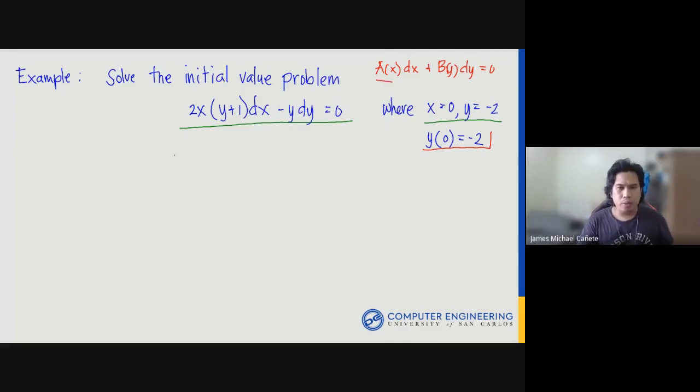So we can do some manipulation to get the form 2x dx minus y over 1 minus y dy equal to 0. So even with just this simple modification, we can already see that this is indeed variable separable.